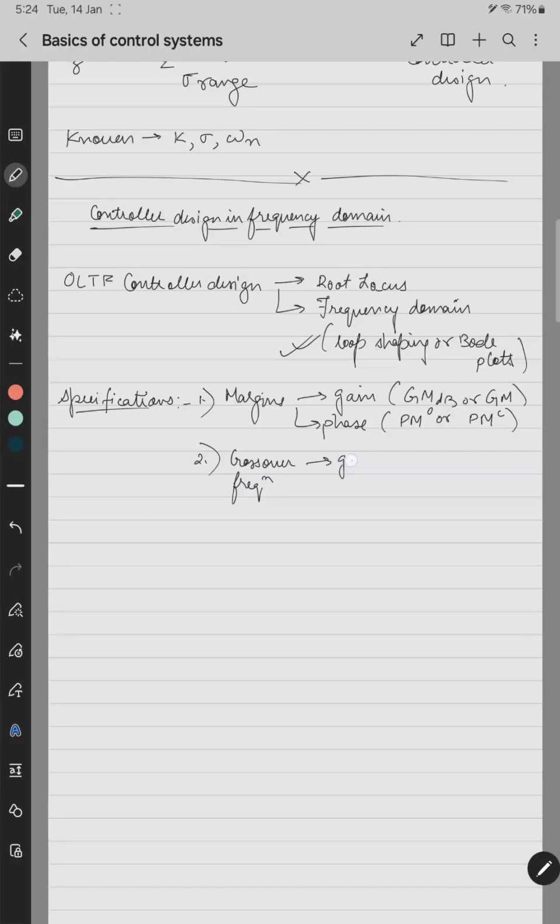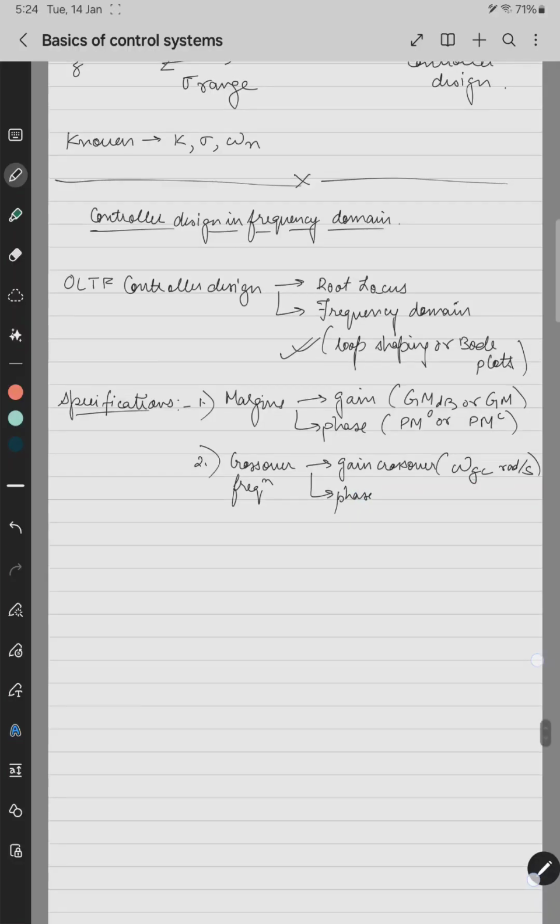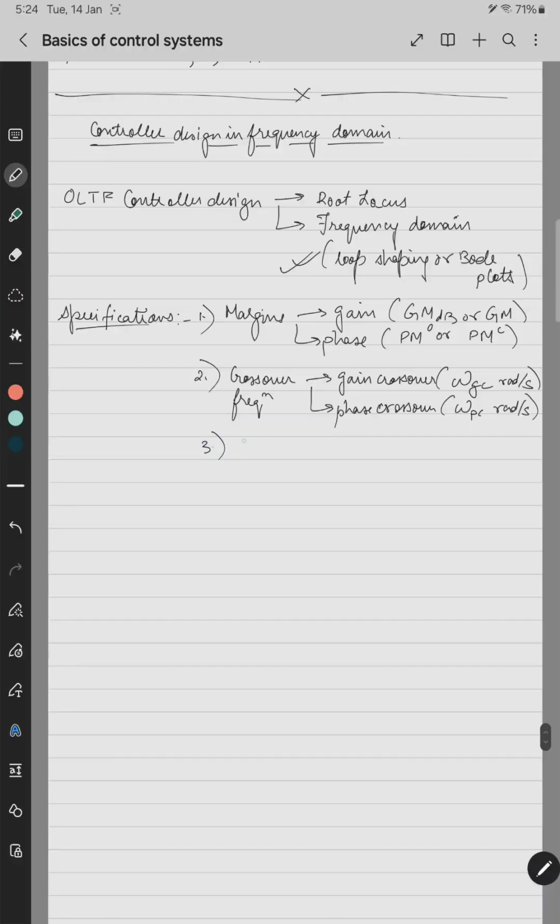First is the gain crossover, omega GC in radians per second, and the next is the phase crossover, omega PC in radians per second. The last one is the closed loop bandwidth, omega BW of CL.